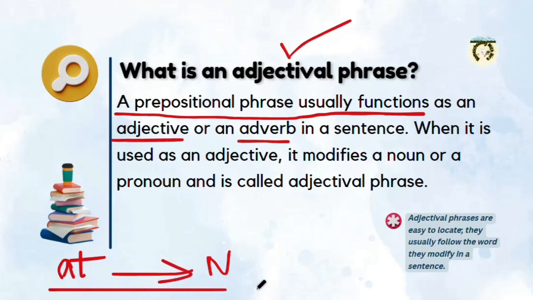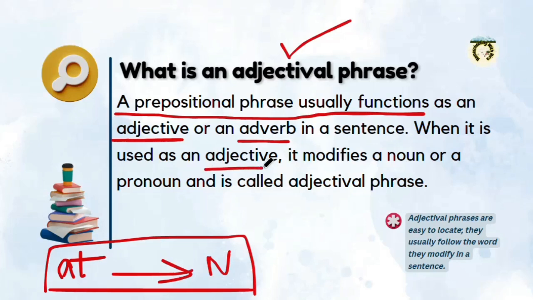So these types of phrases usually work either as an adjective or as an adverb in a sentence. So if your prepositional phrase is acting as an adjective, it modifies a noun or a pronoun, it will be called an adjectival phrase, right? So prepositional phrases that work as an adjective that describe or modify nouns are called adjectival phrases.